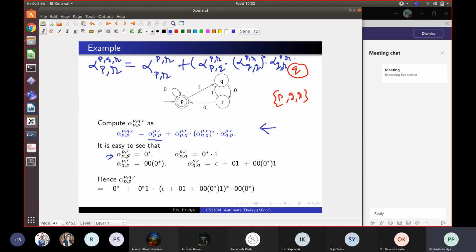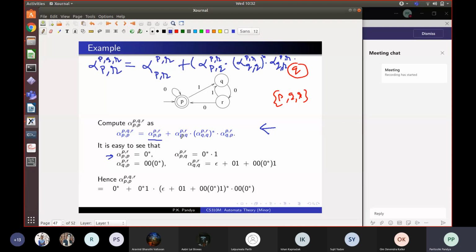Alpha PP on the set of intermediate states P and R is given by 0 star. And this I have done as an ad hoc calculation. I should actually calculate it using this equation, but it becomes cumbersome. So for this example, I have calculated it here. We can expand that later in the next slide. But this is what it will be.